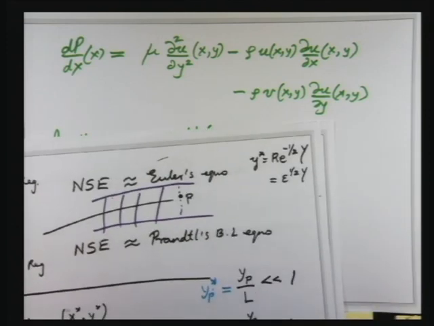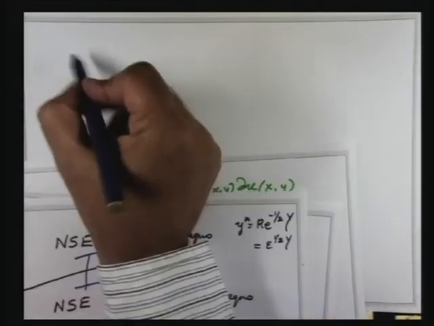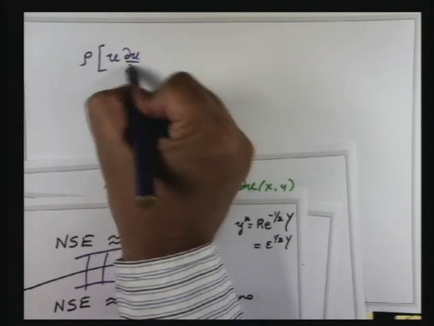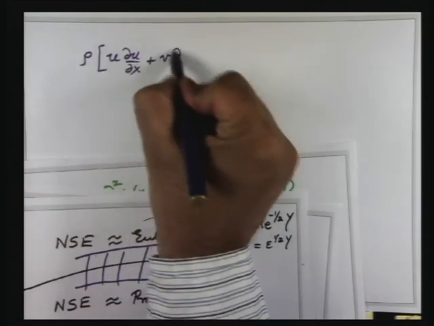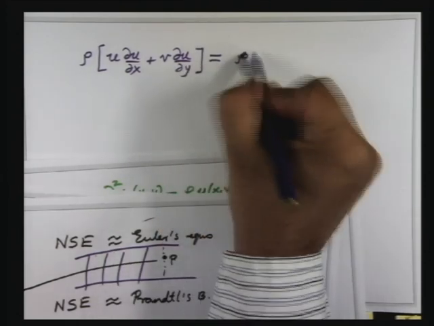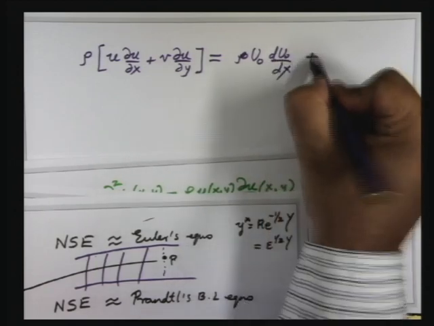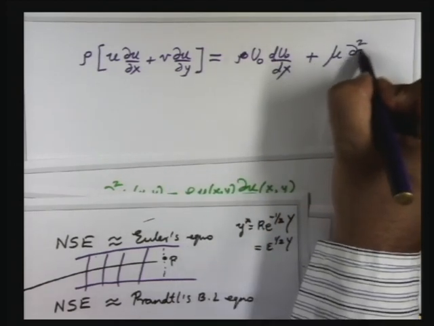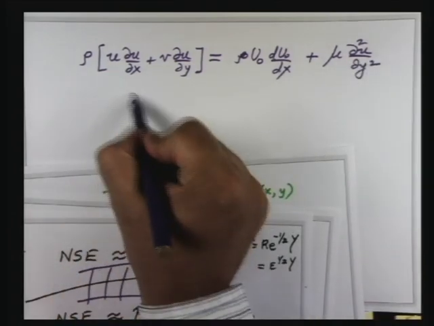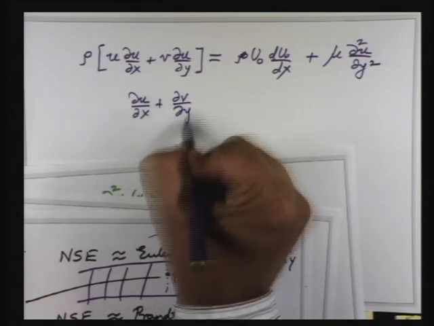So if you want to make a summary, there is another way of writing the boundary layer model. You simply write it as rho (u del u del x plus v del u del y) is equal to rho u0 du0 dx plus mu del squared u del y squared, and del u del x plus del v del y equal to 0.